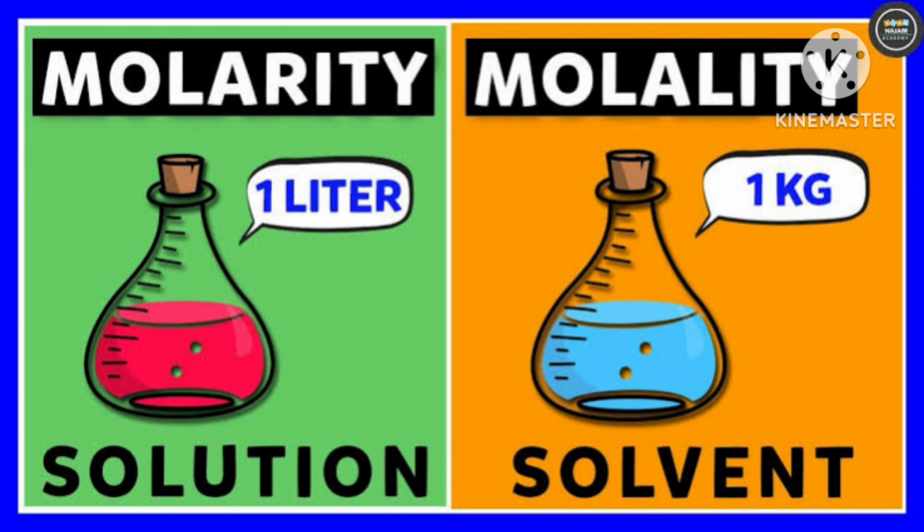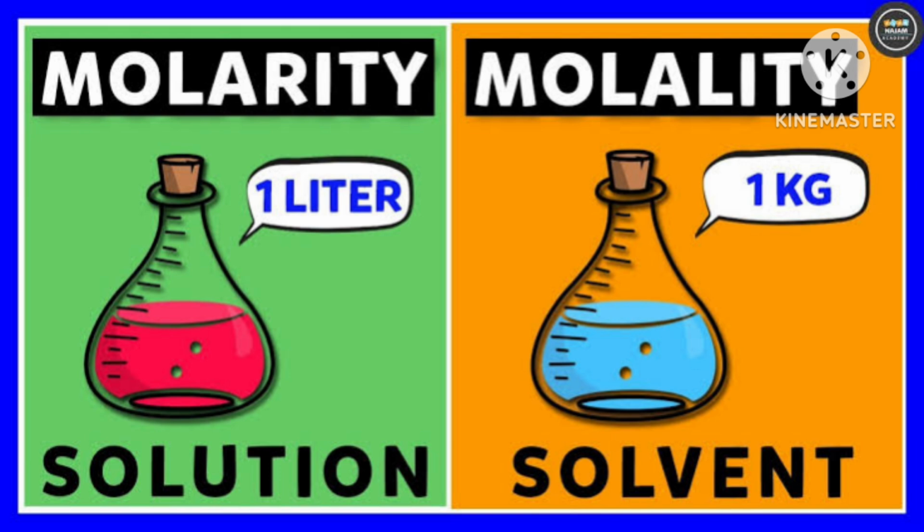That means 0.25 mole is 1/4 mole. Now you know that molecular mass is equal to 1 mole. Here the molecular mass of NaOH is 40.